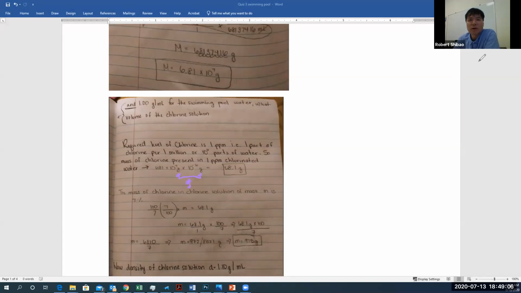Grams times grams gives you grams squared. So I see a problem with dimensional analysis here. Even though this is the correct answer, this is going to create problems in the future.